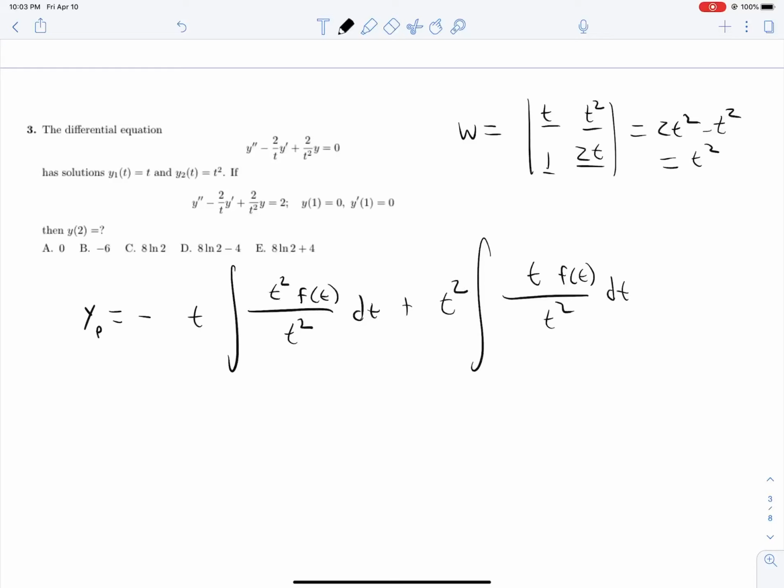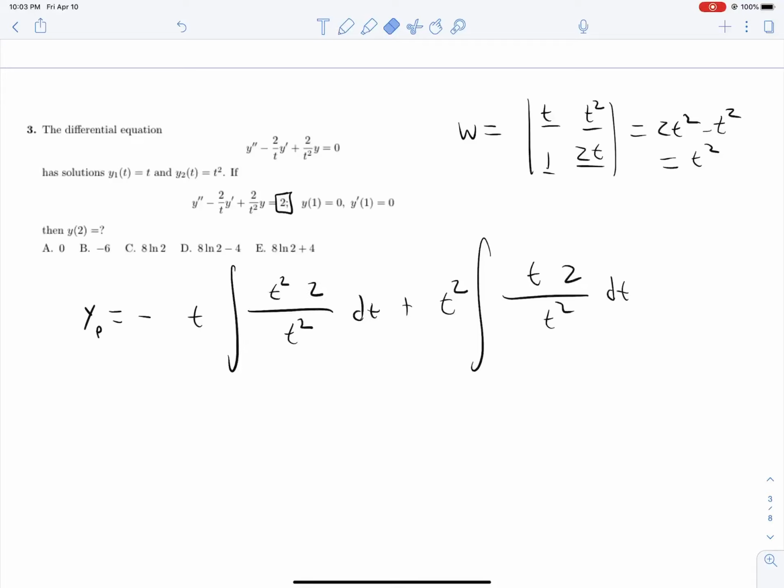Additionally, f of t is just this function of t on the right-hand side, and you have to make sure that your equation is in the form where, like we said earlier, the coefficient on y double prime is 1, because if it wasn't, you would have to divide whatever's there out in order to find f of t. But in our case, it's just 2. And we are ready to solve.